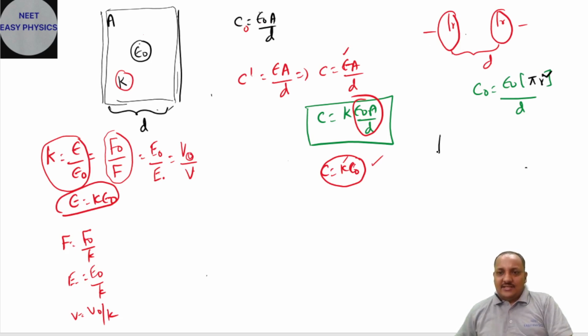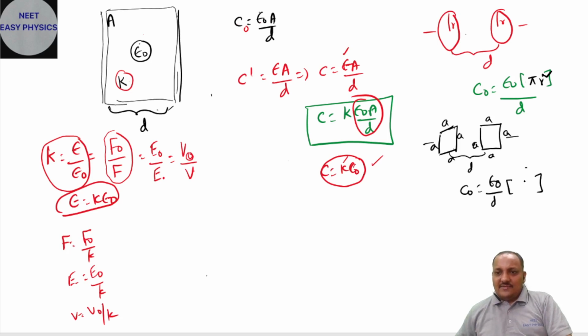If we are taking square metal plates, each side is separated by distance d. So if it is vacuum, C naught is equal to epsilon naught A by d. What is the area of the square plate? A is side square. On this also they are going to ask.